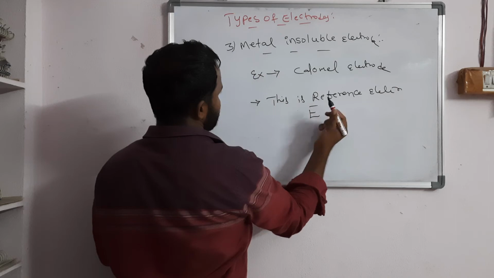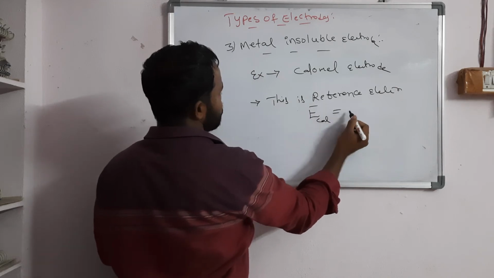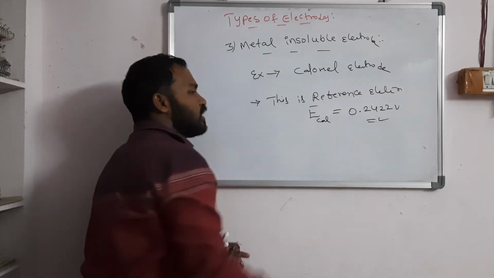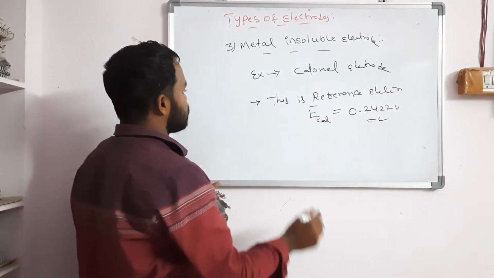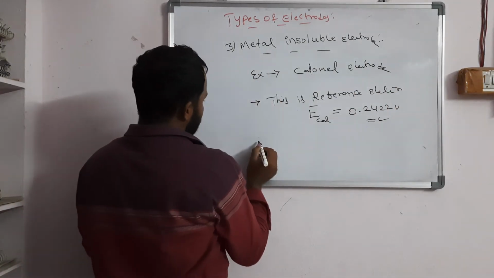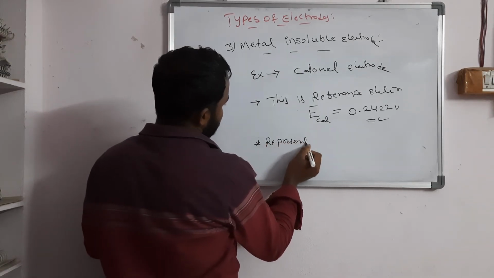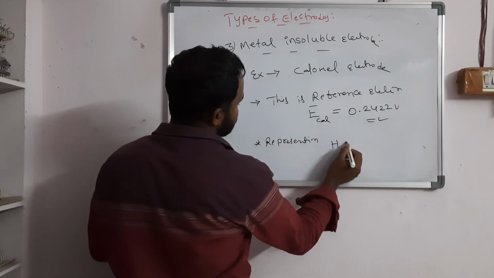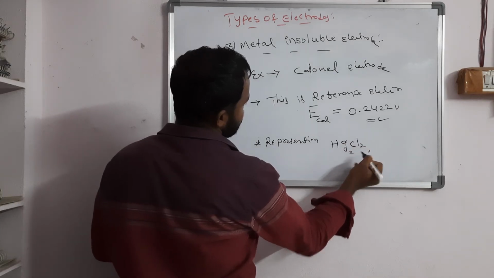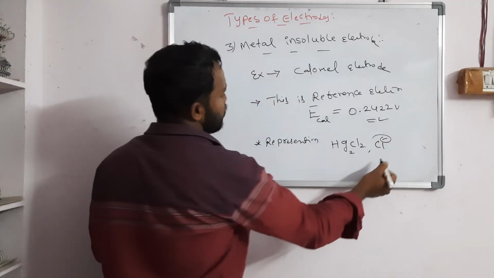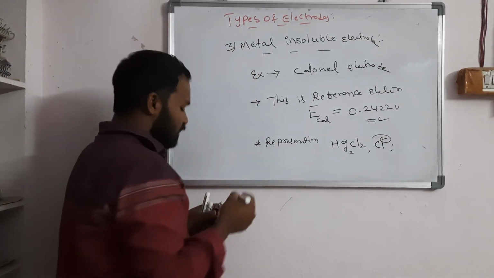The E calomel is 0.2422 volts. This is a fixed value, that is 0.2422 volts. The representation is Hg2Cl2 in Cl minus ions, that is the KCl solution.